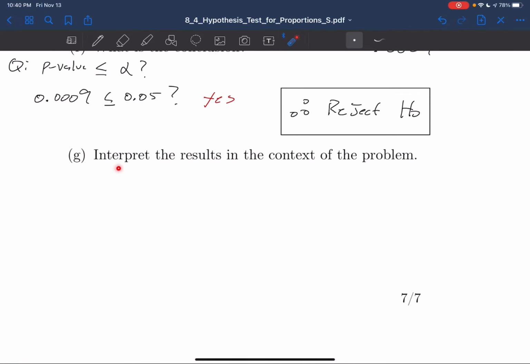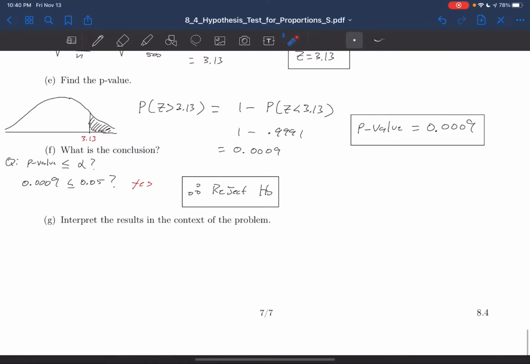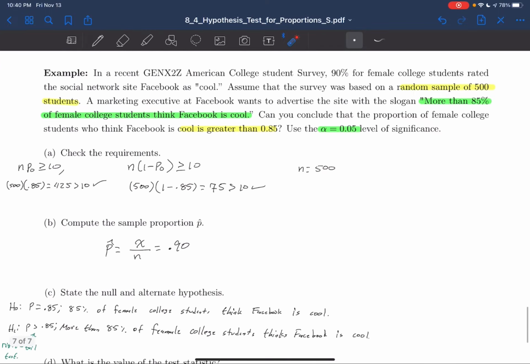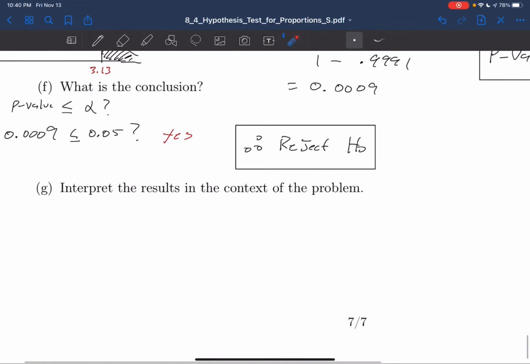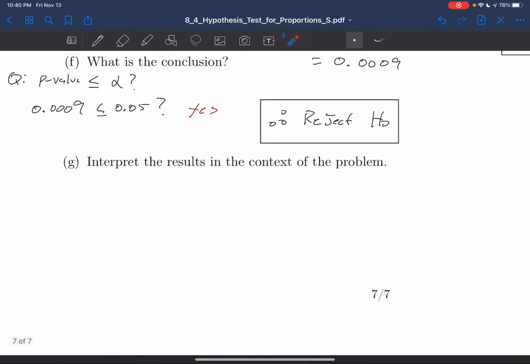So final step. We want to interpret the result in the context of the problem. It doesn't matter if we did all this work. If we're not able to explain in words what we mean, then it doesn't benefit everybody.